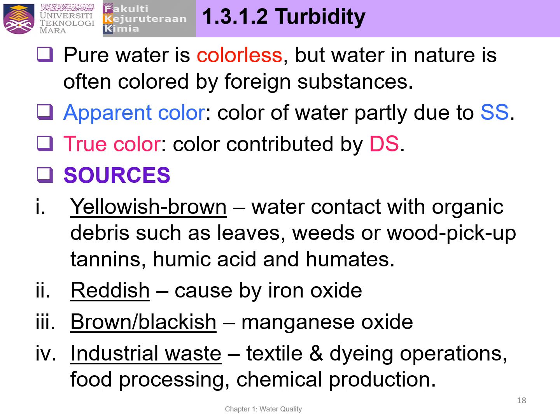Maybe it can be yellowish brown, which is more to organic debris. The second one will be reddish, maybe caused by iron oxide, or the color could be brown or blackish, maybe from manganese oxide. The last one will be industrial waste, usually textile, very dark, we have the dye, and so on.